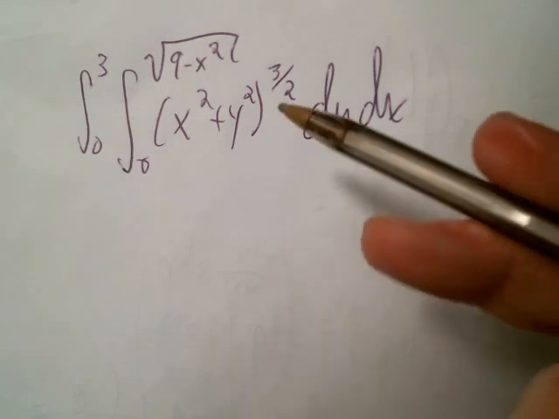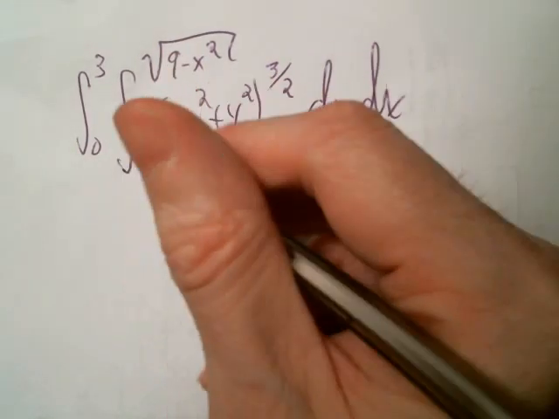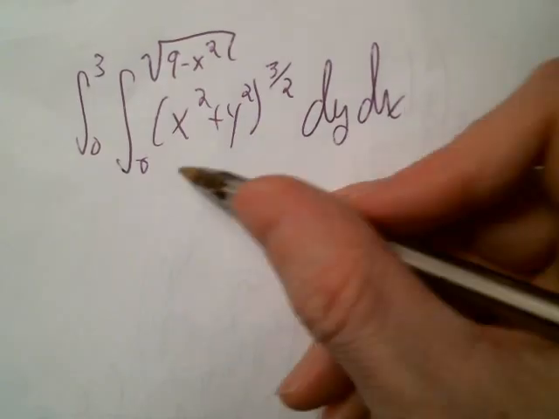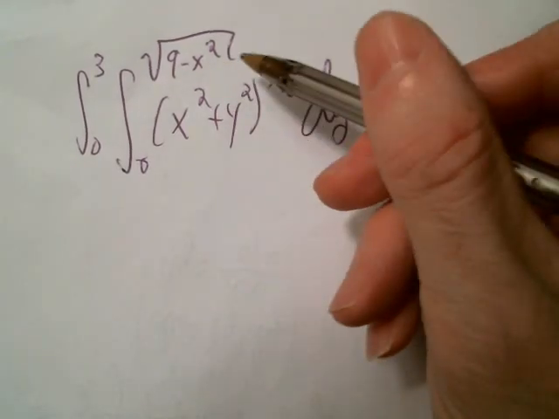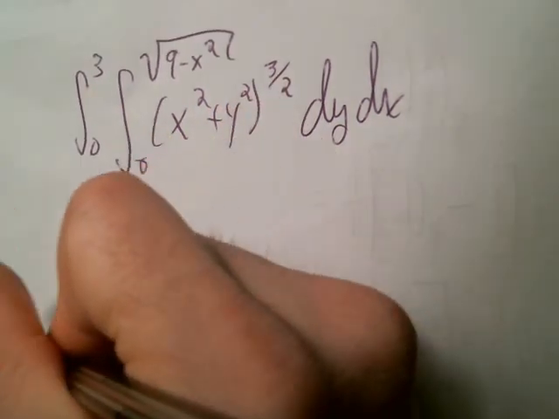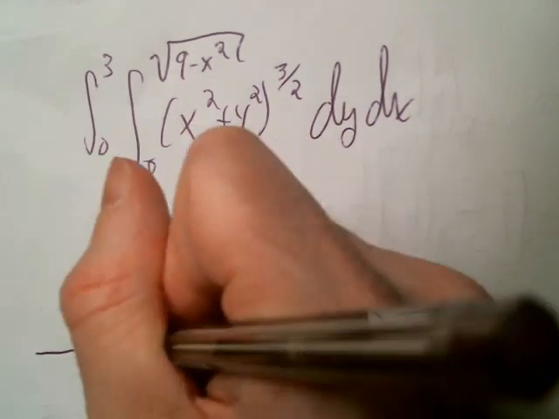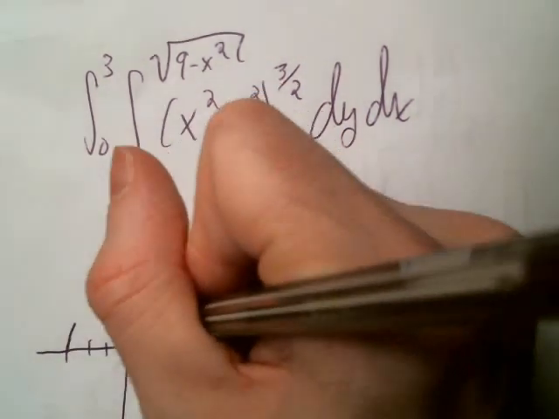I need to figure out the region that I'm integrating over. And this looks fairly simple. It looks like it's just a semicircle. It's going from y equals 0 to y equals square root 9 minus x squared. So it's the upper half of a circle with radius 3.